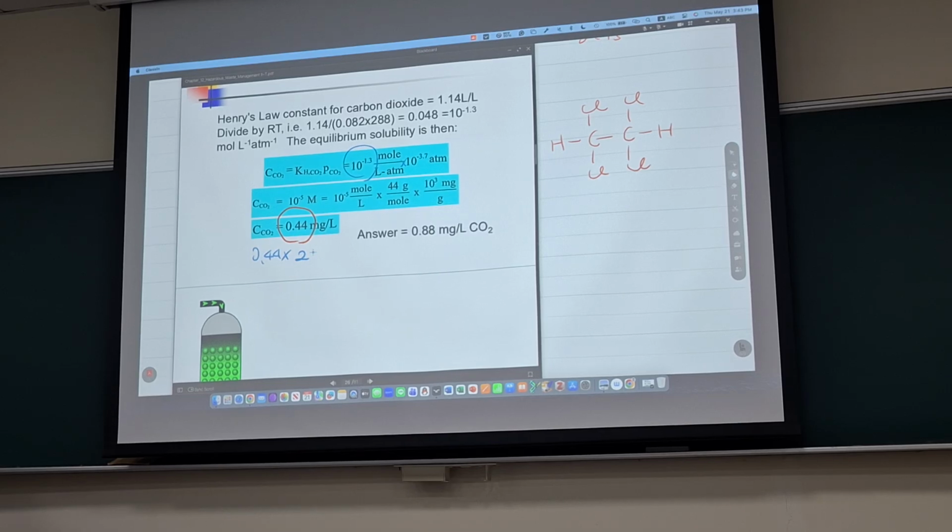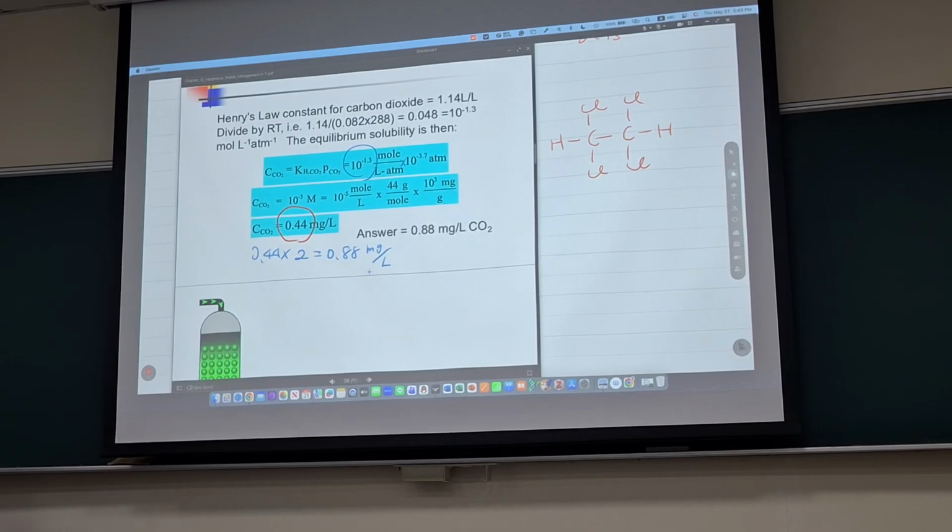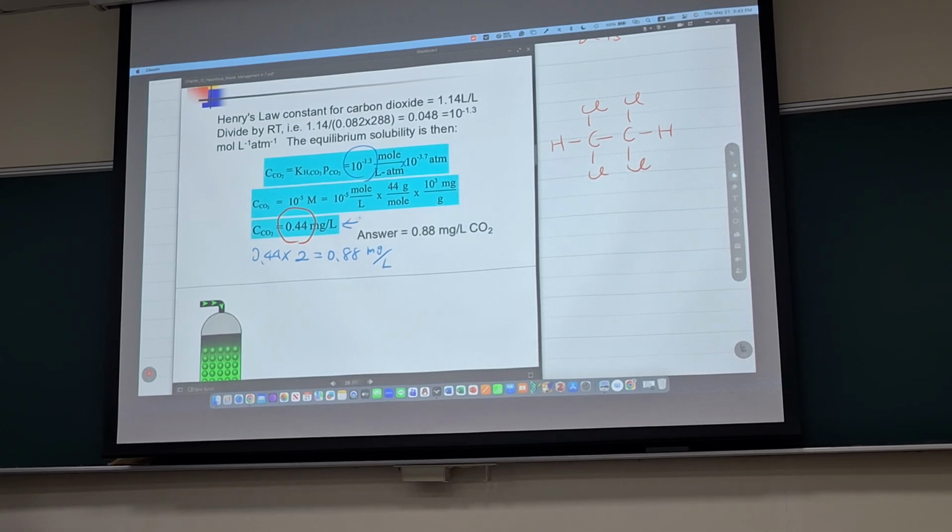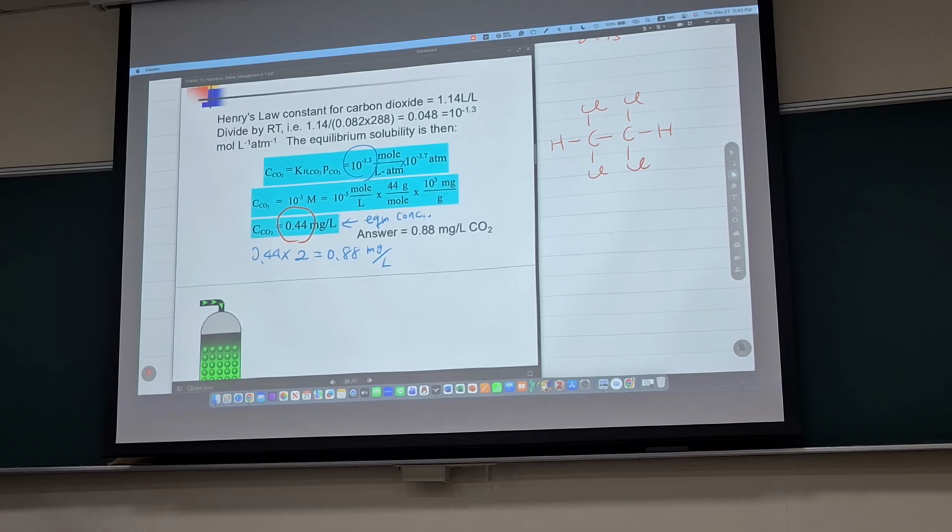So it becomes 0.88 milligram per liter. The 0.44 is the equilibrium concentration.